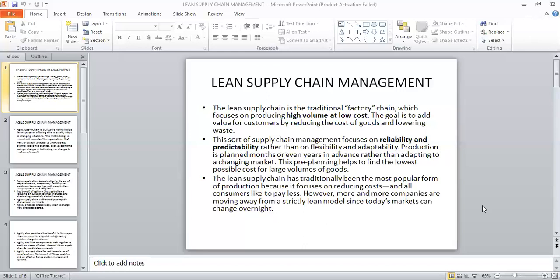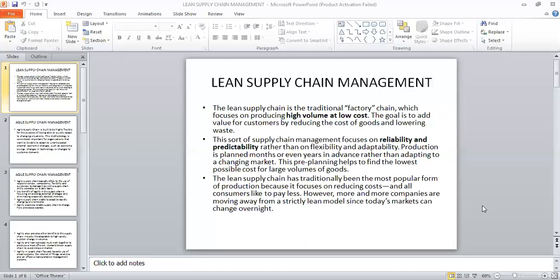Lean supply chain management is a traditional approach which focuses on reliability and predictability rather than on flexibility and adaptability. The basic focus is to eliminate waste.